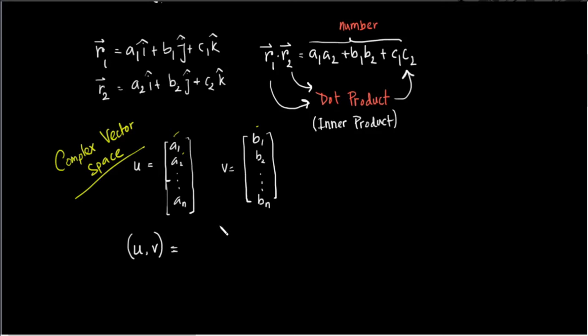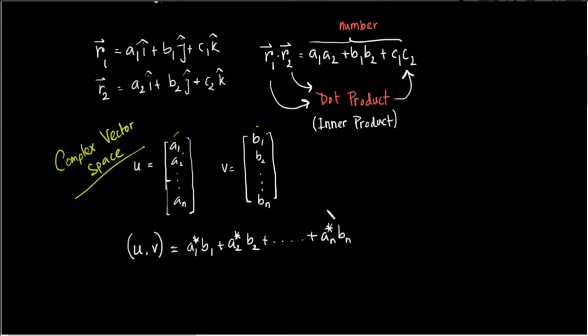For complex vector spaces, our definition of inner product of u and v is going to be a1 conjugate times b1 plus a2 conjugate times b2 plus dot dot dot plus an conjugate times bn.